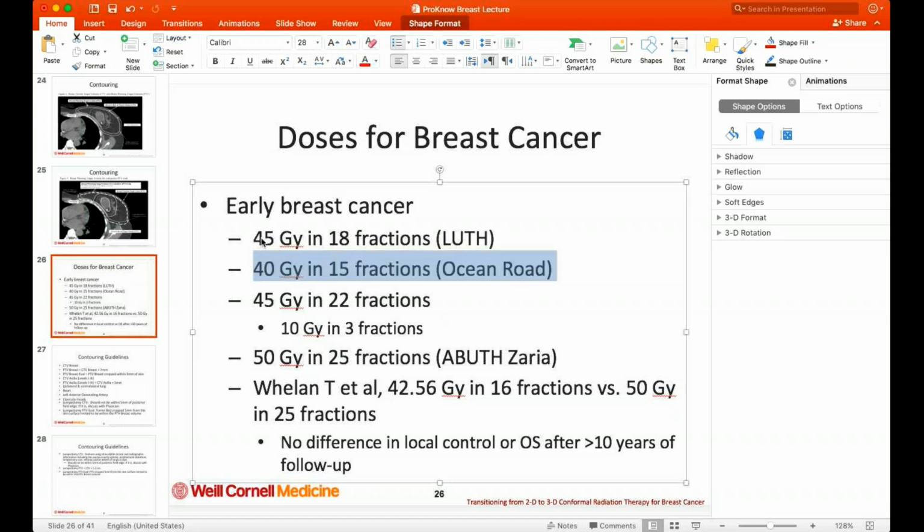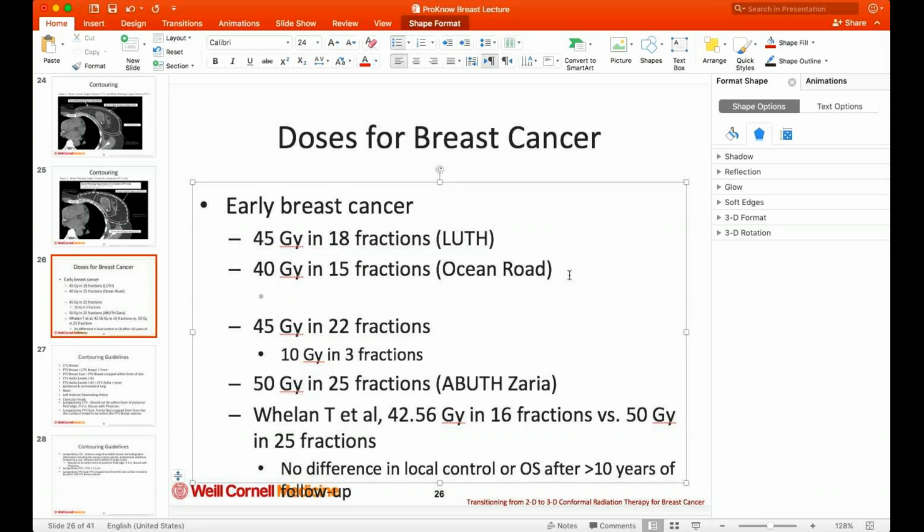This fractionation regimen by Ocean Road, 40 gray in 15 fractions, is also used. It was actually the point of study in my departments at NYU and Cornell. That's what we favor.